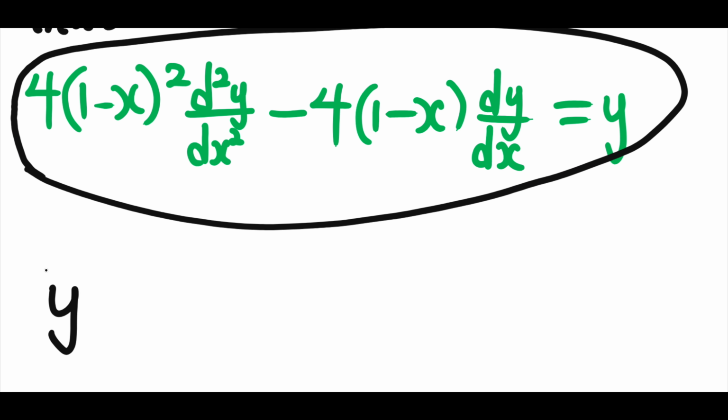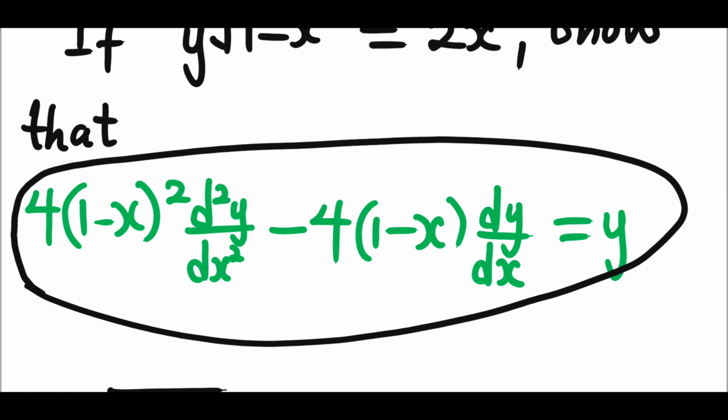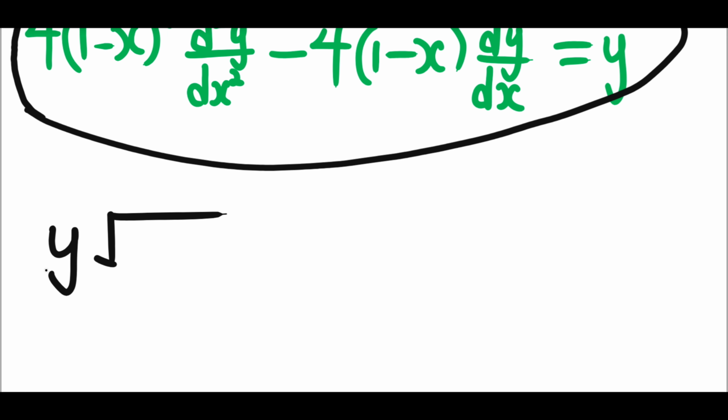The function is y multiplying the square root of 1 minus x, all equal to 2x. Alright.